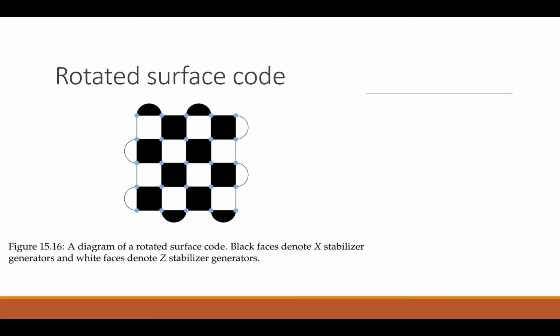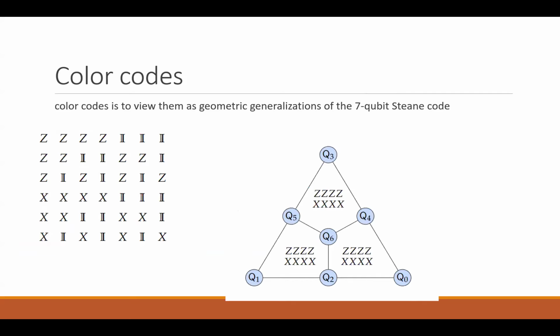For example, black denotes the X stabilizer, so you measure x here, and white is a z stabilizer, so it's z here. And as you can see, similarly, these two are done by x, these two are done by z. So whatever they touch, they always touch even numbers. So this is not important. It's just a picture that if you see some papers, you see black and white. It's the same as the surface code.